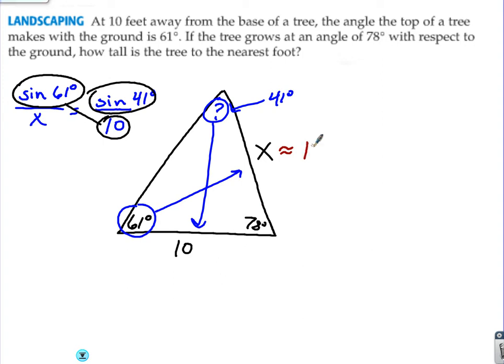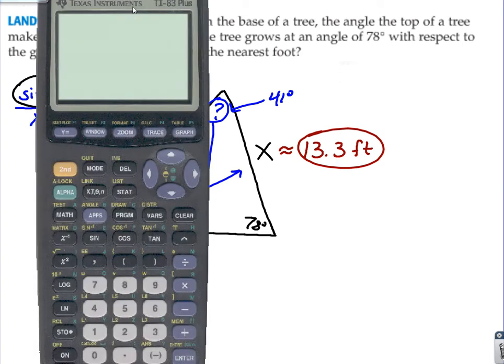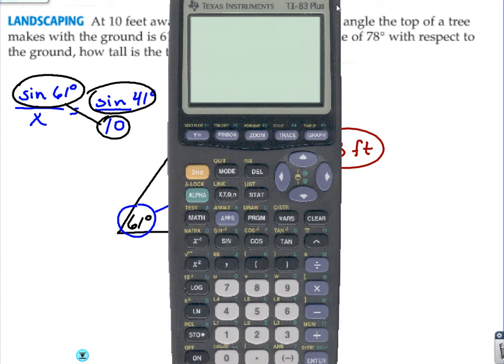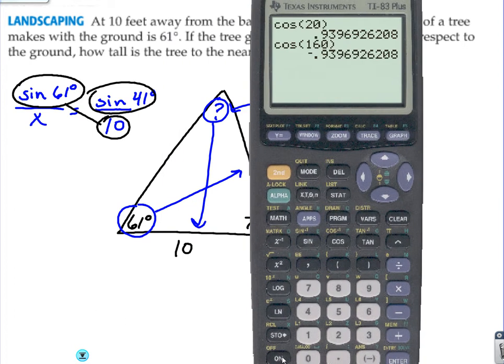Good. So about 13.3 feet tall. Anybody else get that? And you would type it in as a sine of 61. There you go. We'll type it in right here just to show you. Sine of 61, enter, times 10, enter, divided by sine 41, enter. 13.331.